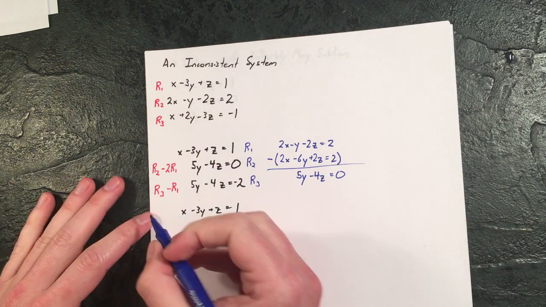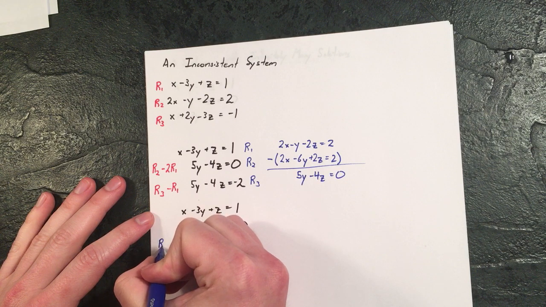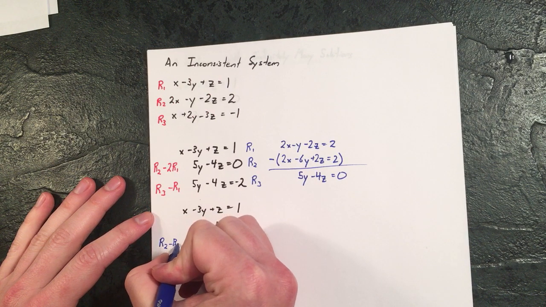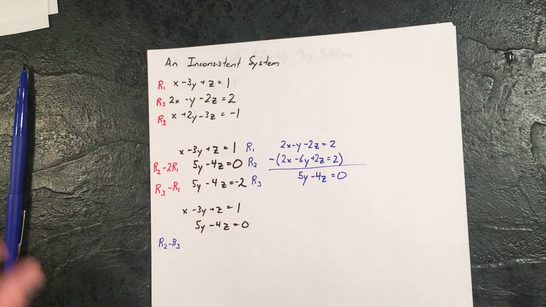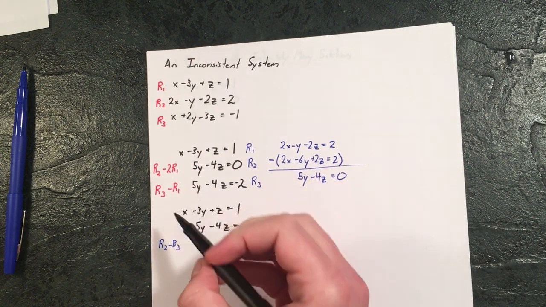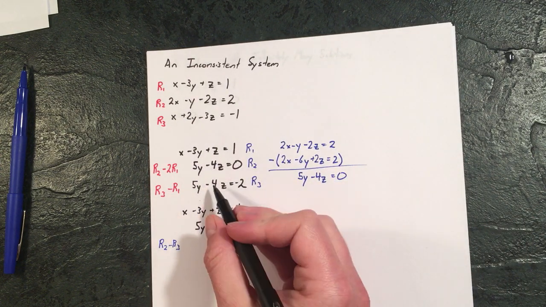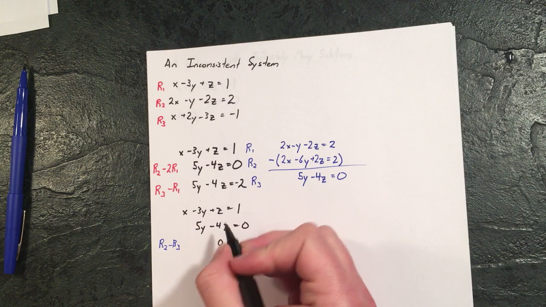So here I would take row 2 and subtract row 3. 2 minus 3, that's 0. That's 0.